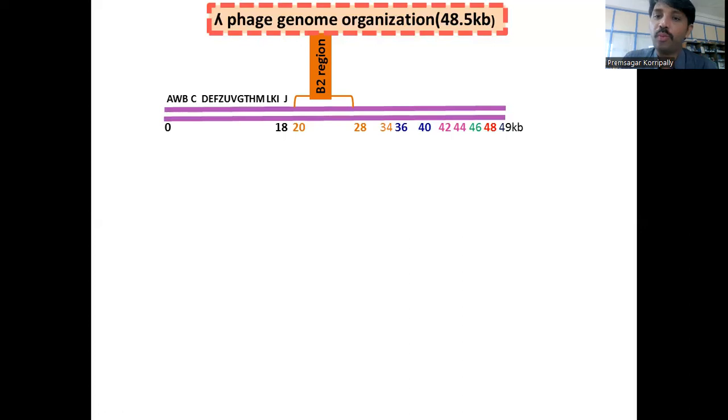The most important feature of the Lambda phage genome is clustering. Clustering means the genes which are related to one metabolic function are packed or placed at one place. That is called clustering. You can see there are 4 clusters in the Lambda phage genome.